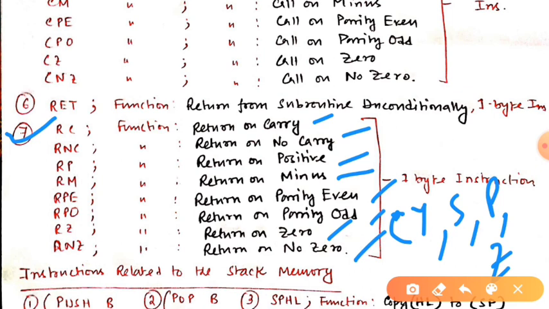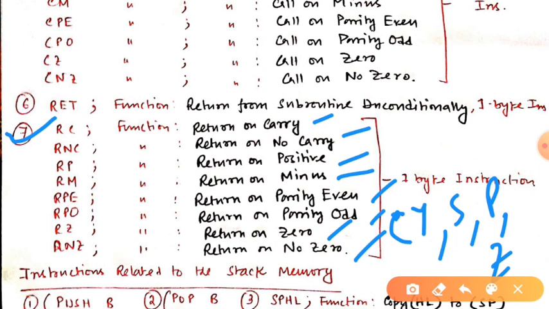It will fetch the address stored in the stack memory, and it will return to the main program from the subroutine. But if the condition is not met, it will not return to the main program. Rather, the instructions written in the subsequent memory addresses after the return instruction in the subroutine will be fetched one by one, and that will be executed.